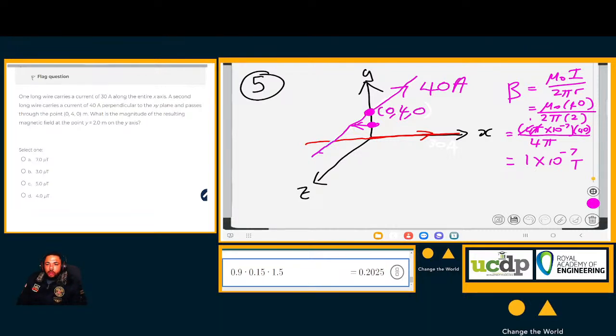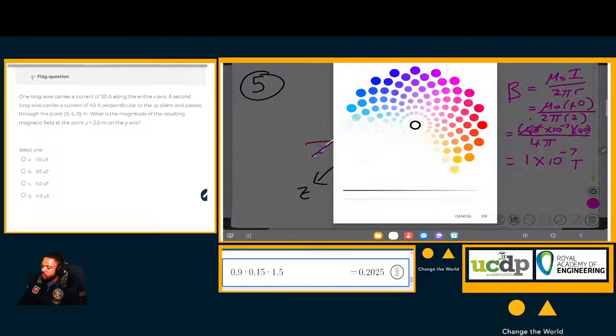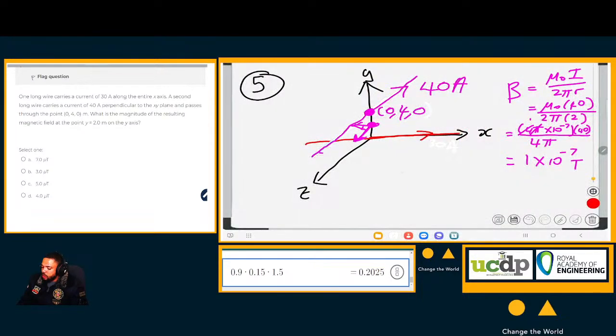And if we do it for the other one, the red one, let's do the magnetic field for that one as well. In this case, the magnetic field will be pointing towards me along the z-axis. And these two magnetic fields will make a 90-degree angle. So B for the red conductor, let's change it to red so we know, is equal to mu naught I over 2 pi r.